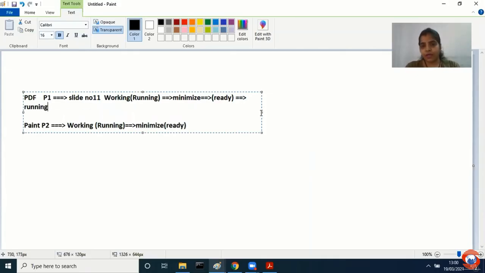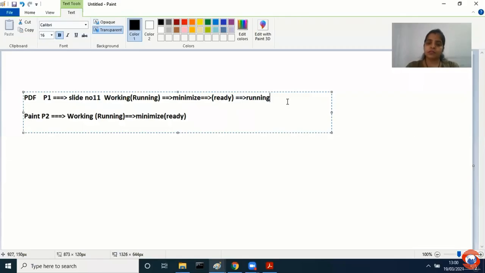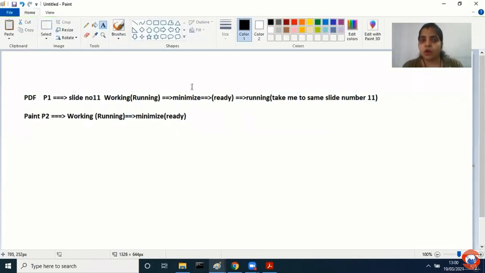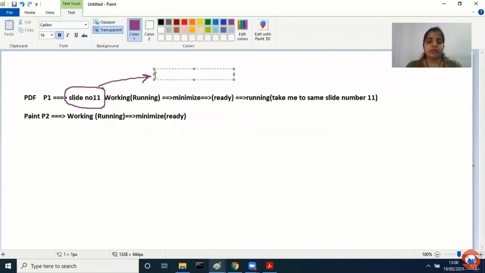When I come back to running state, will it take me to the same slide number 11? Of course, yes. When I first said I was at slide number 11, this concept is called saving the state, that is, state save.